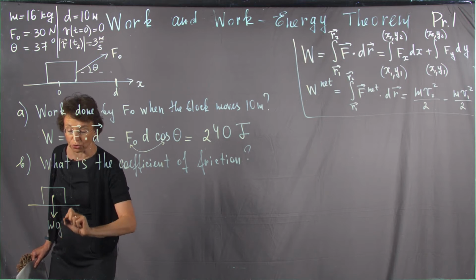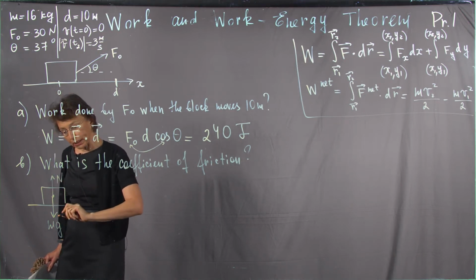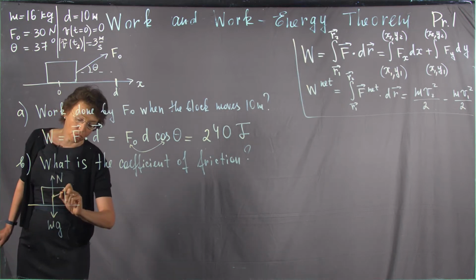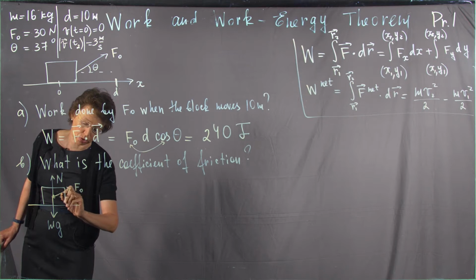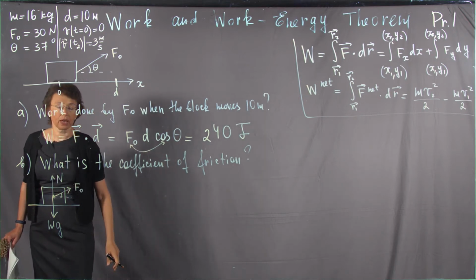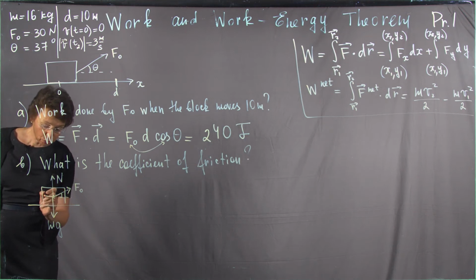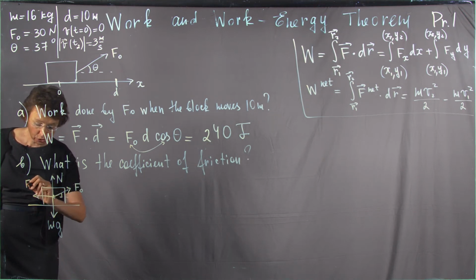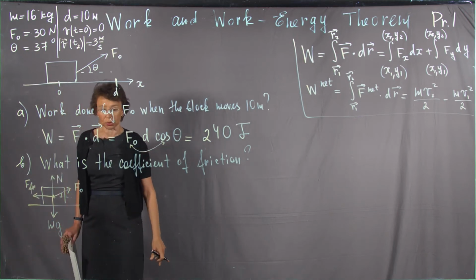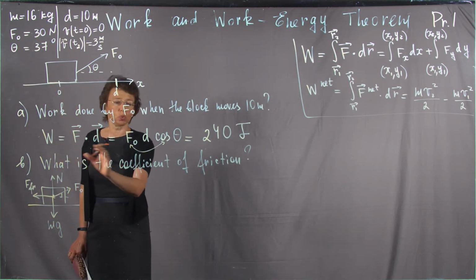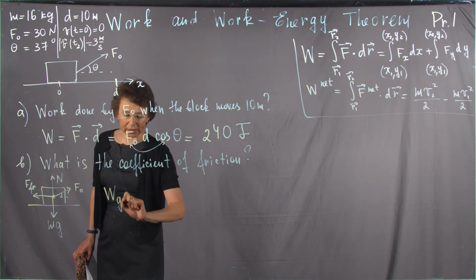There is force of gravity vertically down. There is normal force vertically up. There is force F naught, constant force acting on the object at angle theta that is given. And there is force of friction that opposes the motion, force of friction to the left. So here are all forces. We already found work done by F naught. Now let's find work done by gravity.